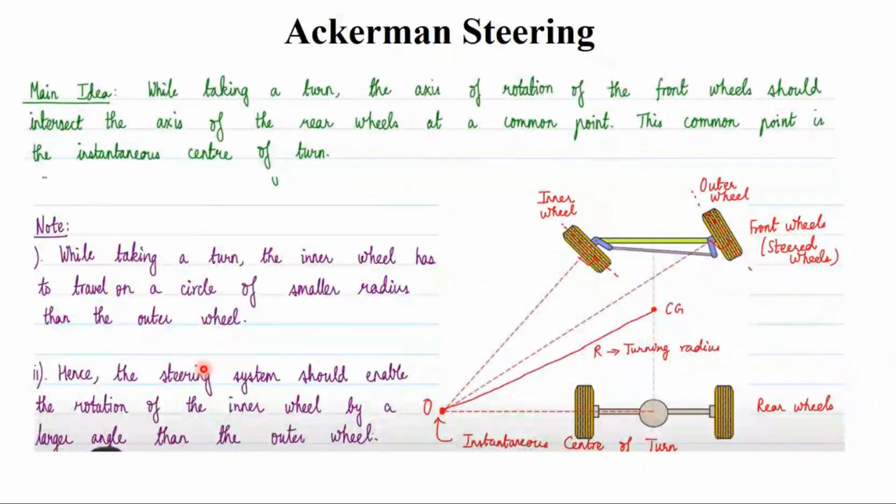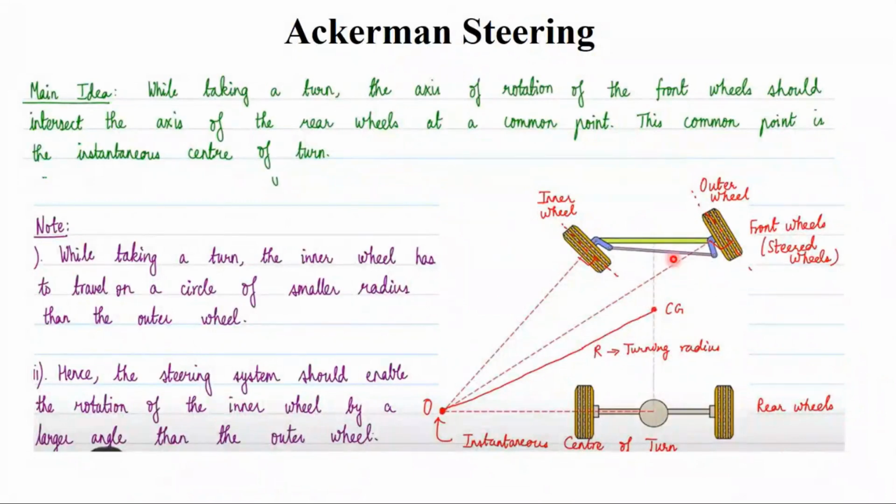Now we have an important term called the Ackermann steering mechanism. The name comes from its inventor, Ackermann. The main idea here is, when you're taking a turn, let us take a vehicle having a front wheel and a rear wheel.